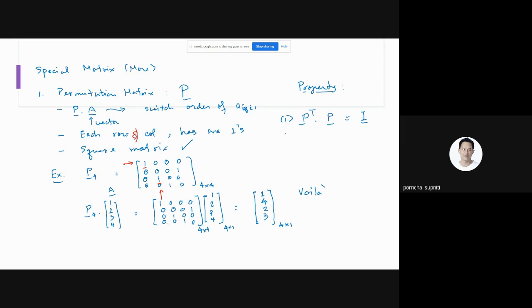For example, in this case, if you multiply P transpose with P, I just write down P from the top: 1 0 0 0, 0 0 1 0, 1 0 0 0, 0 1 0. And what is a transpose? I haven't talked about this too much.